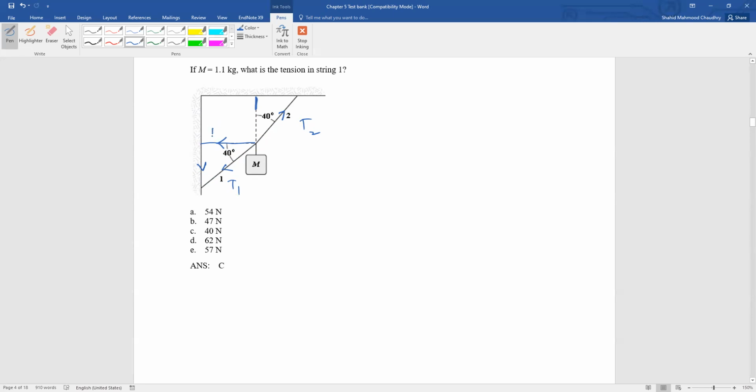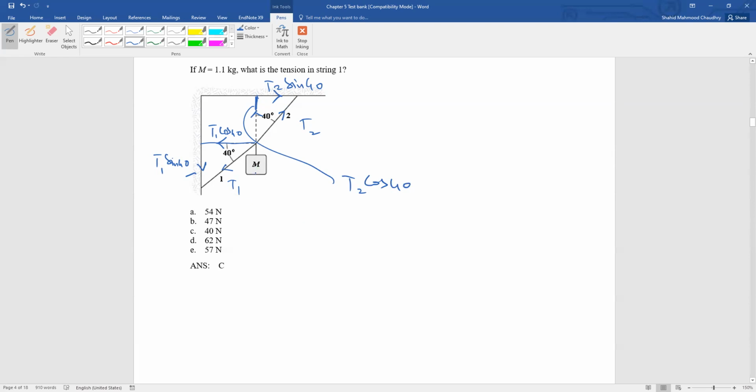This component is T1 cos of 40 and this component is T1 sine of 40. And this is equal to T2 sine of 40, and this component will be T2 cos of 40.